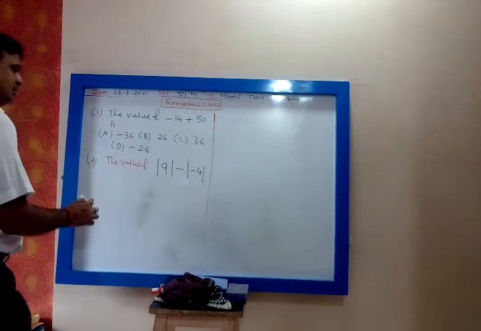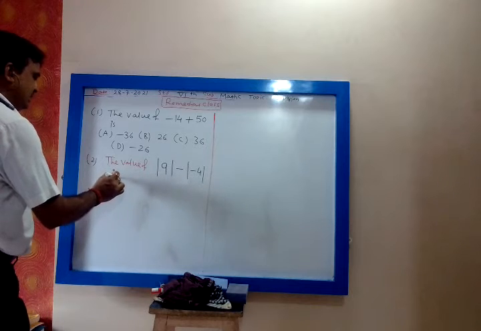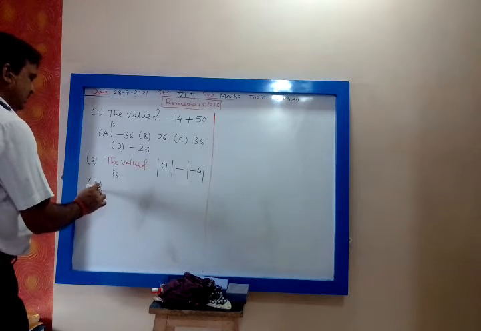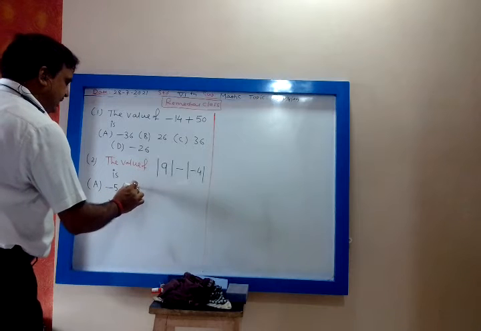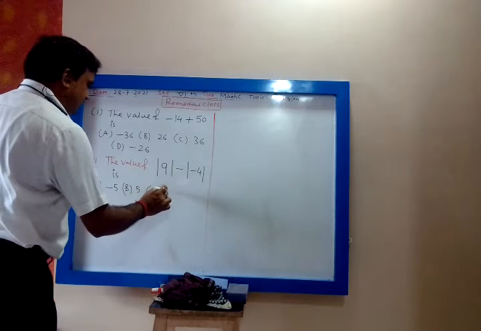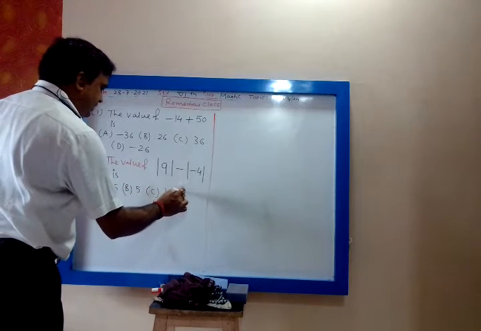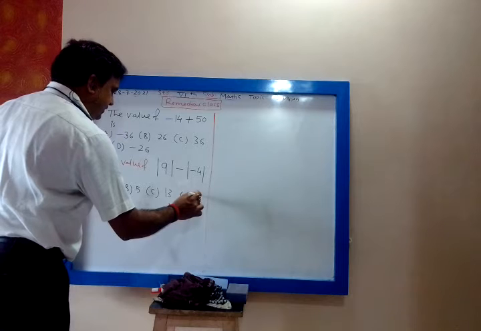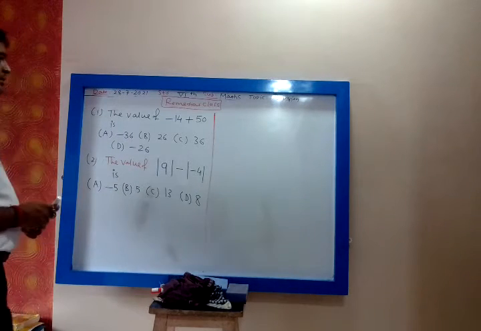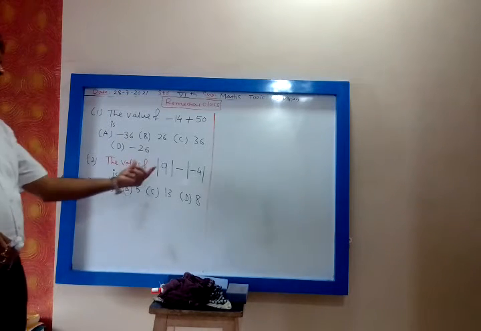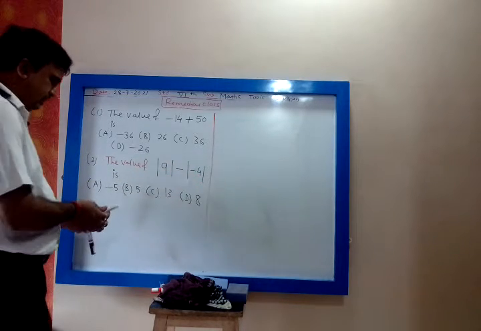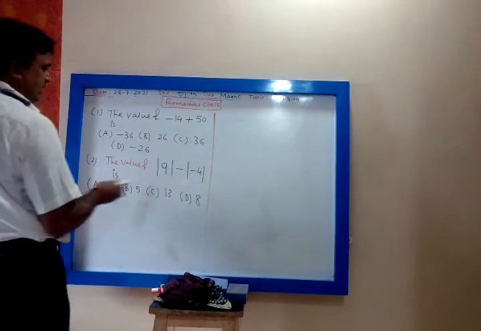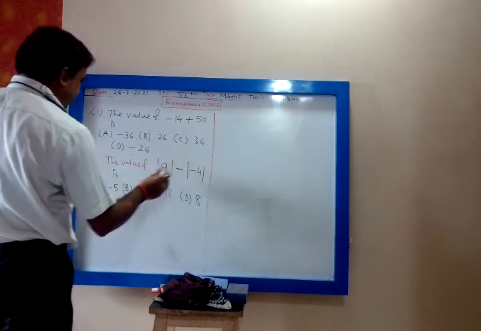Remember, options are A, minus 5; B, 5; C, 13; and D, 8. Absolute value of 9 minus absolute value of minus 4. Okay, you have to simplify.